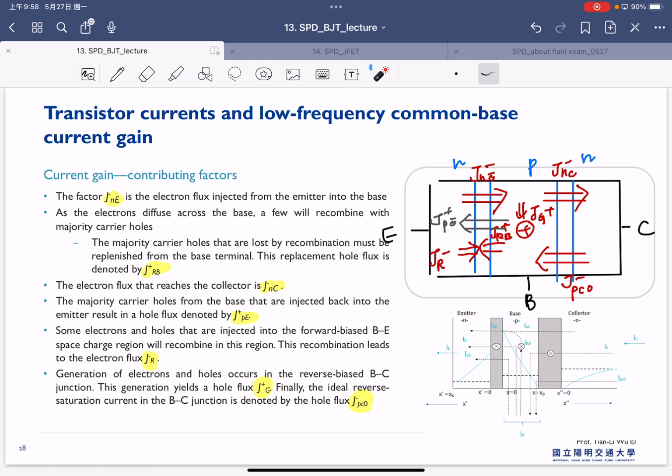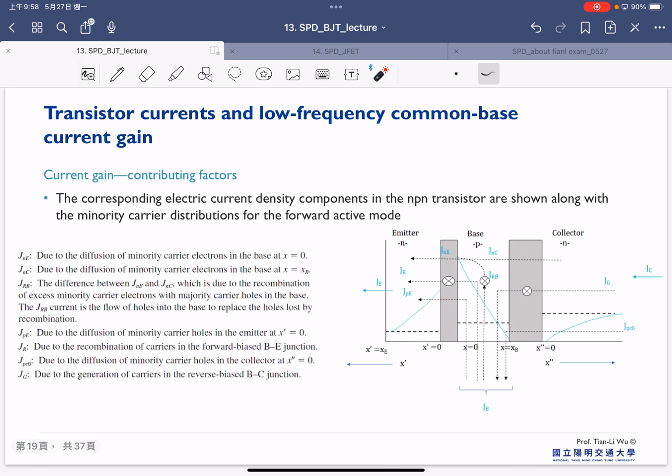Just try your best to understand the goal, because the goal is not really to fully memorize this. The goal, in the next slide, is that in the end we want to have the equation to really understand what the contributing factors are for our current gain.